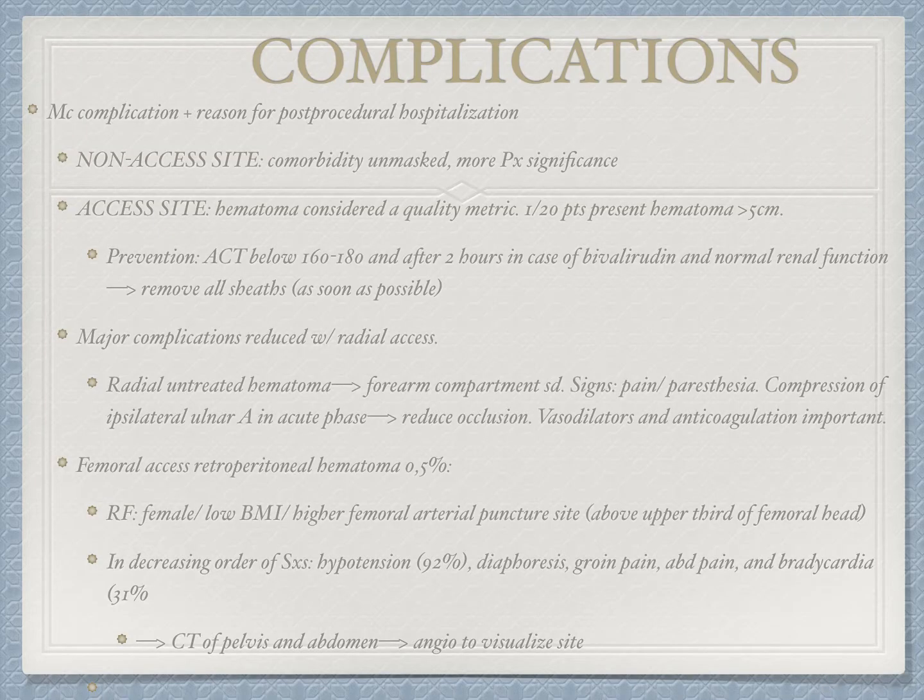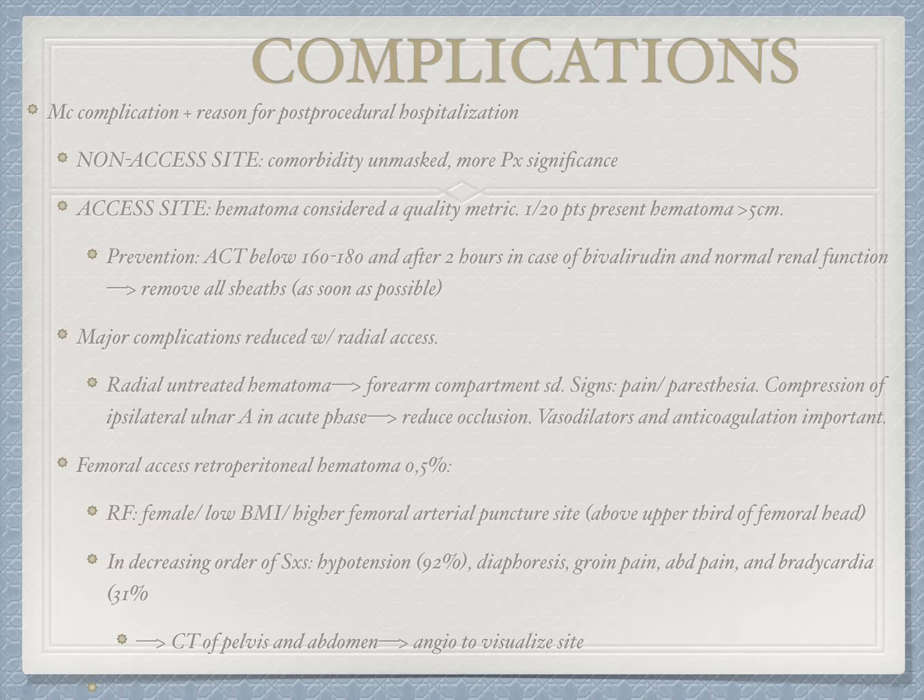For example, here you have non-access site bleeding, which usually unmasks comorbidities and is worse prognostically. If you have access site bleeding, you can have a hematoma, a pseudoaneurysm, or an arteriovenous fistula.